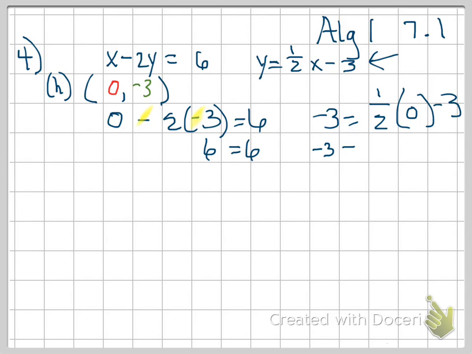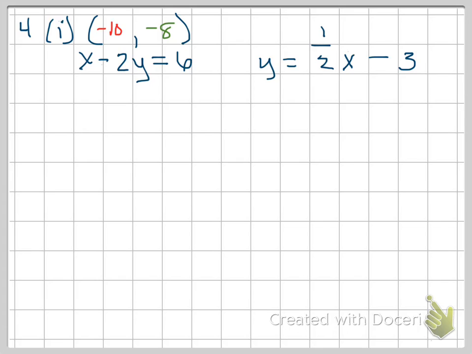We don't have anything to do with them right now. We know that 0 times any number is 0, so we don't have anything to do with that fraction. So we just put 1/2 times 0 is 0 minus 3. So -3 equals a -3. Check, check.